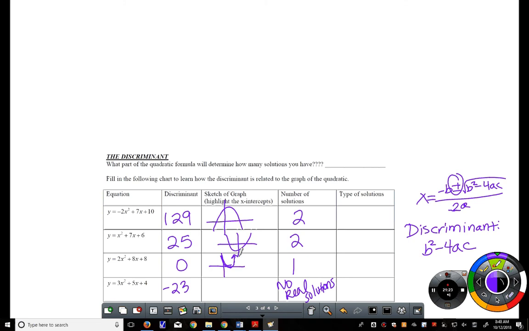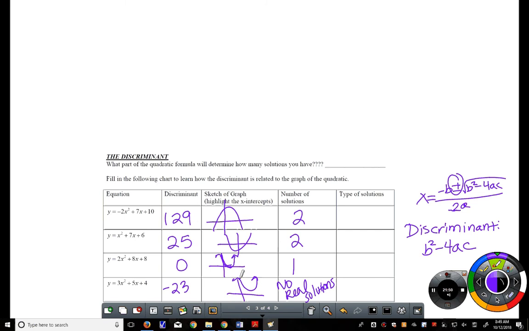So there we go. And then this last one is a concave up parabola with no real solutions. So it sits above the axis. Okay? Just a connection between solutions and what that means about x-intercepts. Those in no way are exact graphs at all.